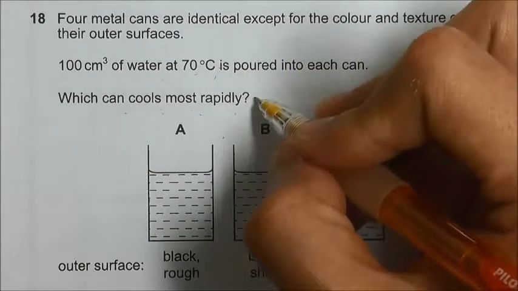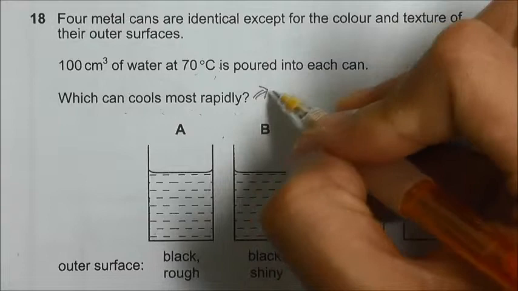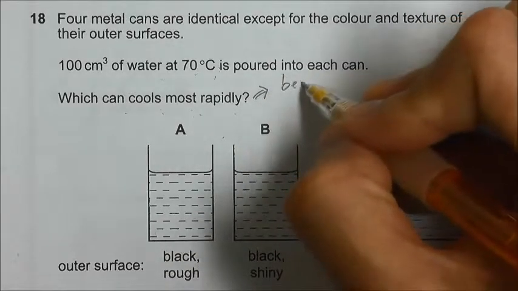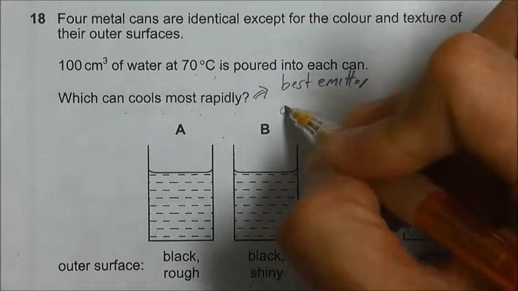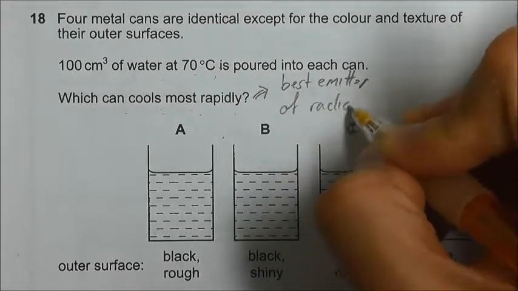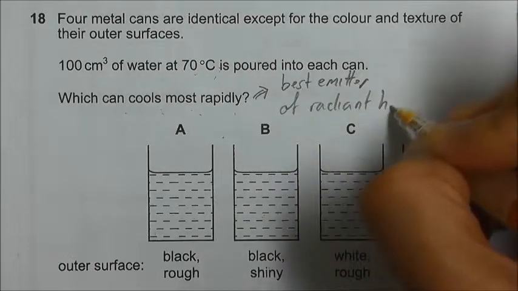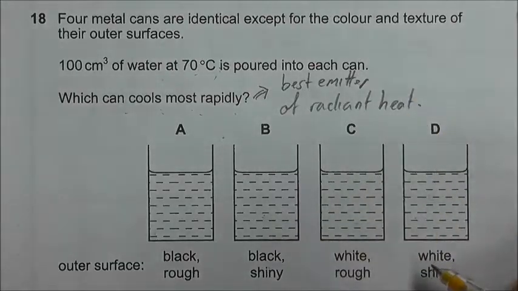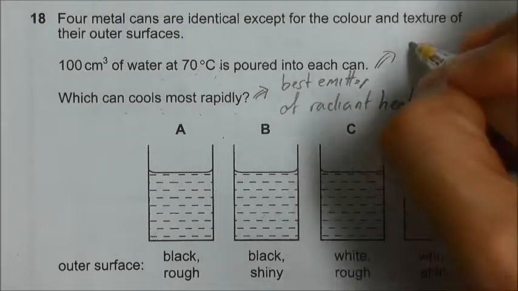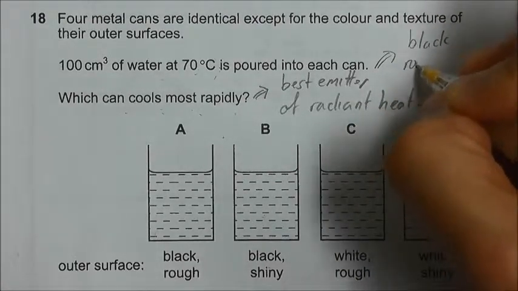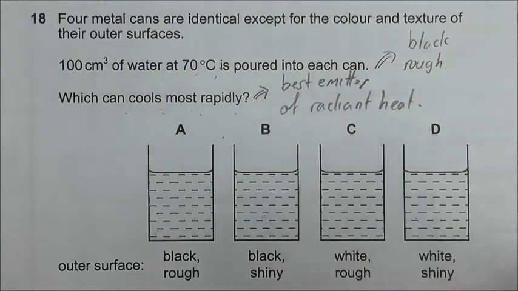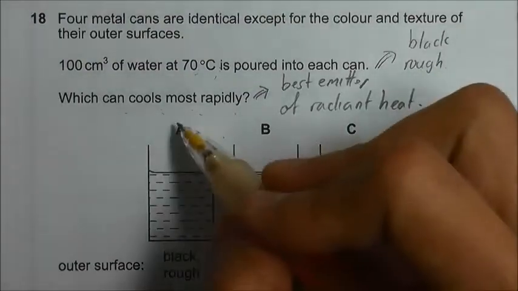Okay, in order for them to cool the most rapidly, we are looking at the best emitter of radiant heat. Okay, and a good emitter of radiant heat has to be black in color and it has to be rough in the surface. So in this case, the answer should be A.